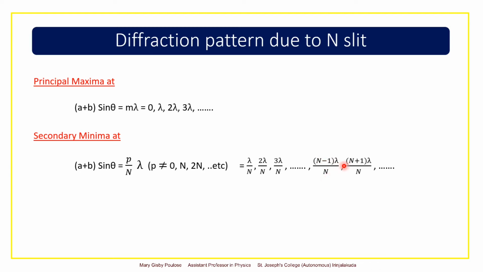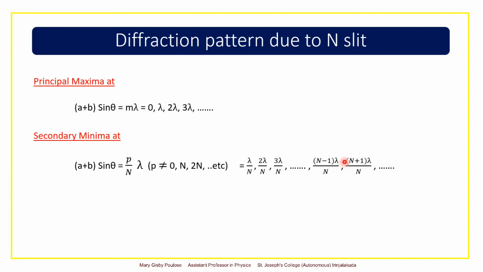Then the next value will be N, right? For p equal to N, but p cannot have that value. So we skip that and the next value will be (N plus 1) lambda by N. Okay. So here, just observe that in this term we would have got N lambda by N, that is lambda, right?